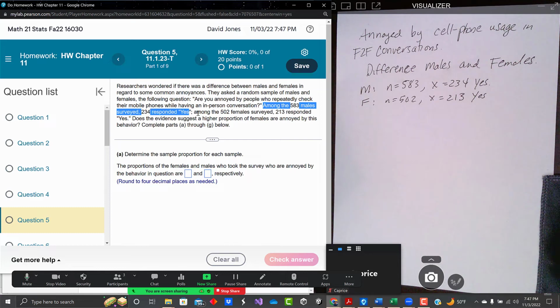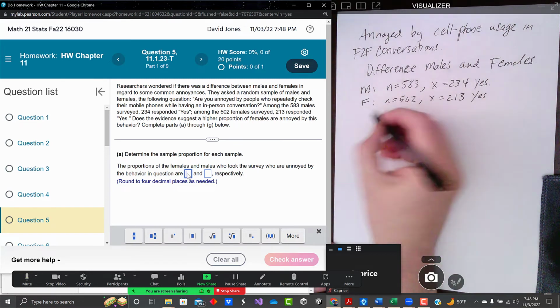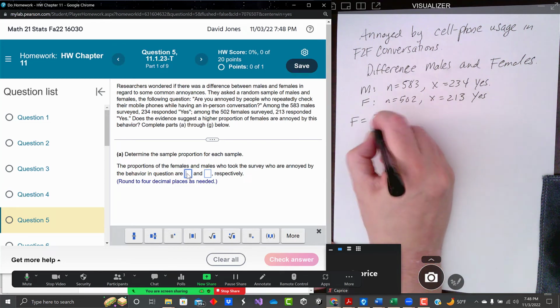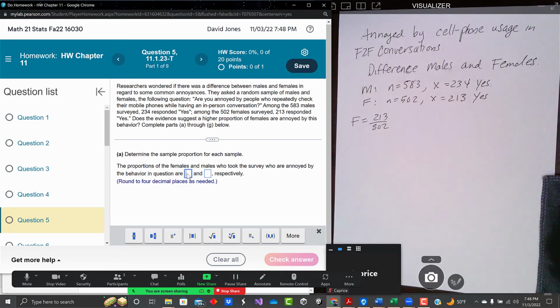They said males first and then females second, so that's how I wrote down my data. Now the sentence asks for females first, then males. So I got to put females in the first box. Females is going to be, we're doing a proportion, so we got to do the division. So watch for this. They're tricky. Even though they said it in one order, they changed the order. That's some dirty, rotten pool. That's some cheater stuff.